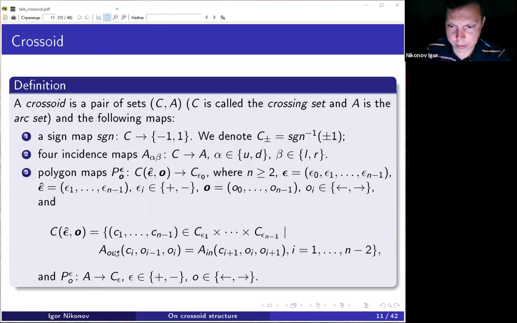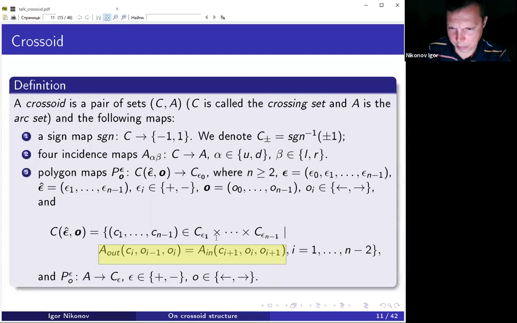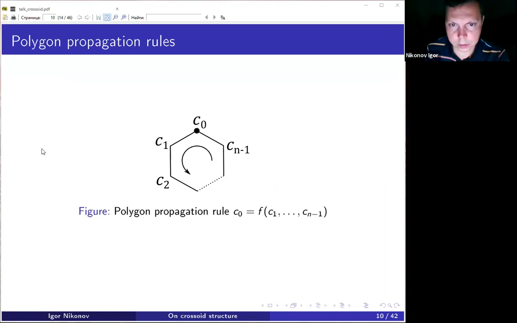And we also assume that there are some compatibility relations, which are described by these equalities. This equality just means that we have the incidence maps, and these maps give colors of the edges of the polygon, maybe A0, A1, A2.